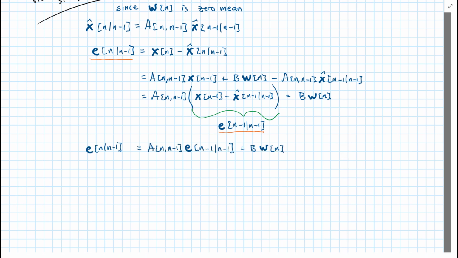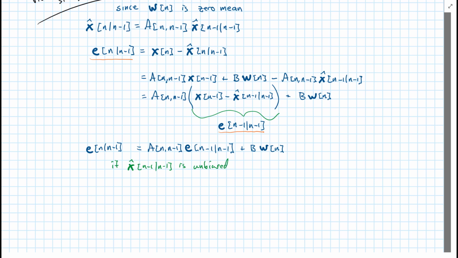So we can now rewrite this in terms of the errors. The first observation that we're going to make is if x hat of n minus 1 given n minus 1 is unbiased. And what does it mean to be unbiased?